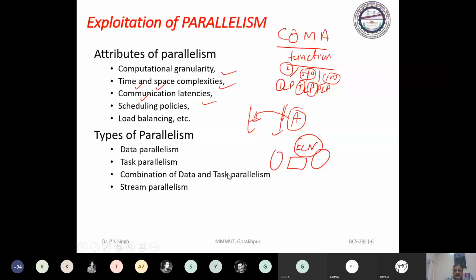This is processing element P, this is local cache, meaning memory, and this is the directory. We have another processing element in the COMA model with its local cache and its directory, and here we have the interconnection network. It is connected.